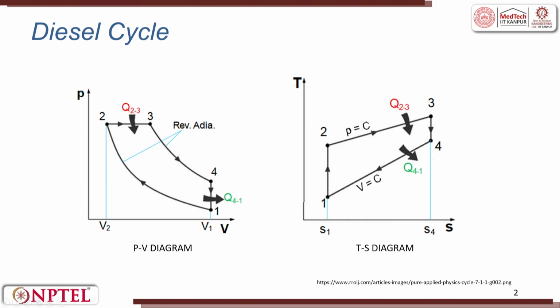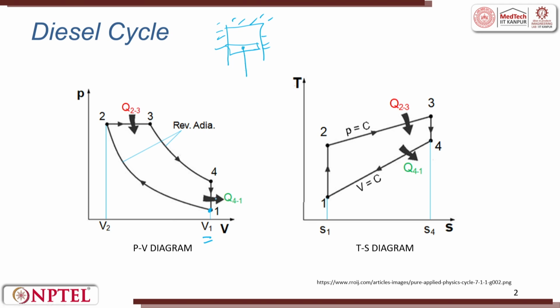As I told you, we are going to look into PV diagram and TS diagram, pressure volume diagram, temperature entropy diagram. So, the cycle starts from 1 here, V1, the volume is V1 and then the volume is compressed. If you go back and if you want to visualize, you have a cylinder and then you have a piston, right.